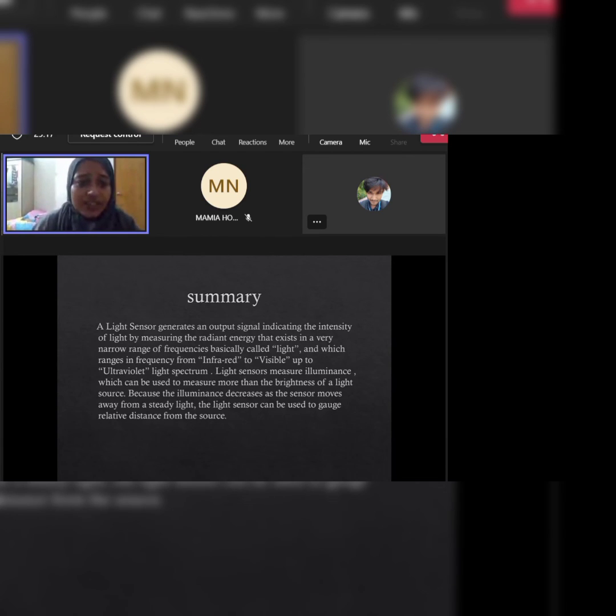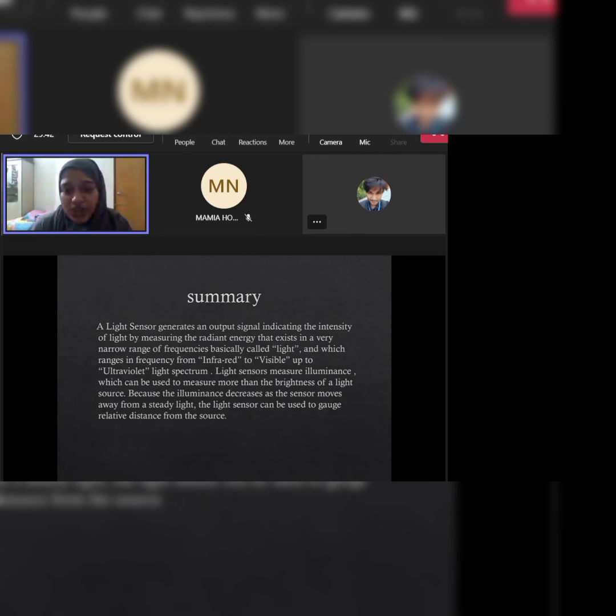Summary. A light sensor generates an output signal indicating the intensity of light by measuring the radiant energy that exists in a very narrow range of frequency, basically called light, which ranges in frequency from infrared to visible up to the ultraviolet light spectrum.